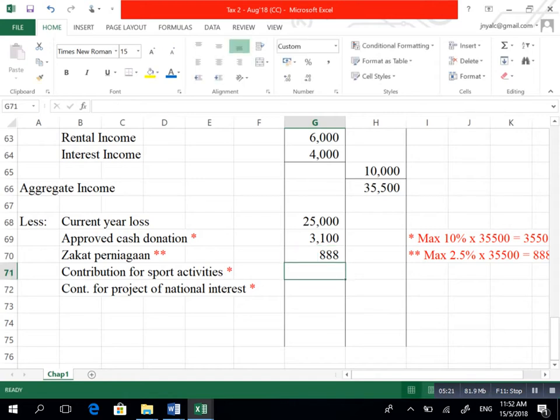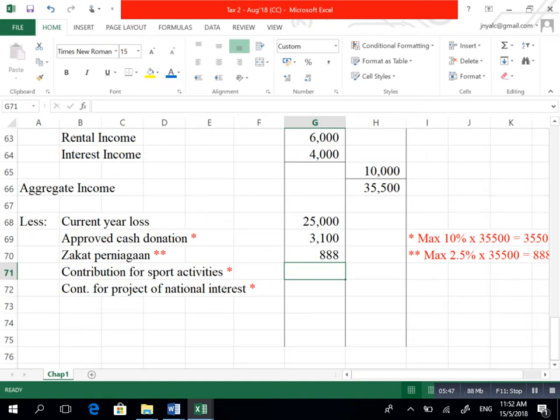Then continue. Now how about the rest of these two? Your sport activity you donated 5,000. But class, remember these three items combined together cannot be more than 3,550, correct or not? Just now the approved donation you already utilized how much? 3,100. So the limit is 3,550, you already used up 3,100.